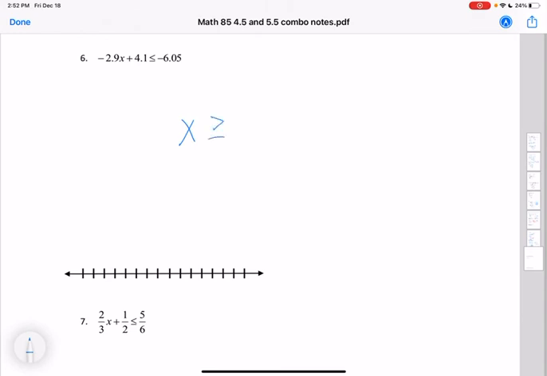So x is greater than or equal to 3.5 for 6, and x is less than or equal to 1/2 for 7. Okay, so go ahead and hit pause there. Give it a try. Come back when you're ready.